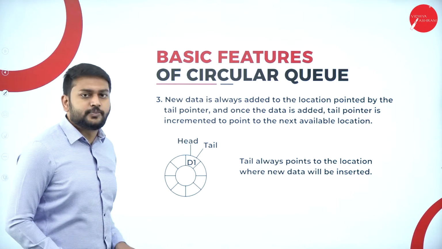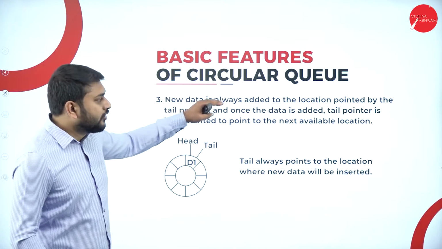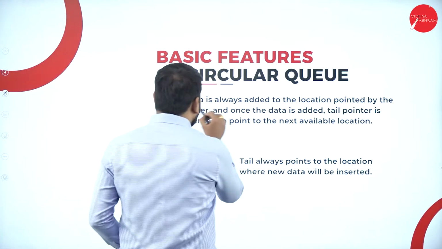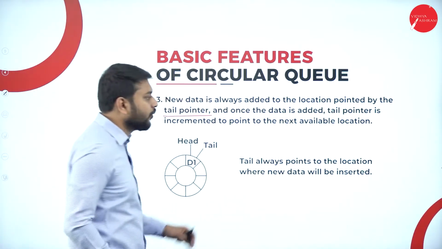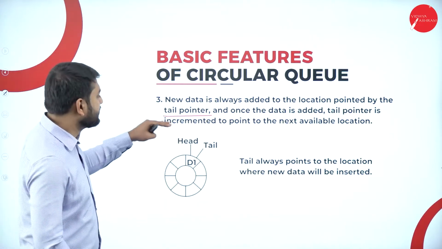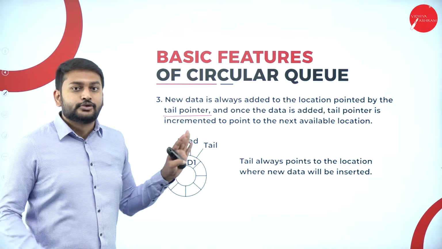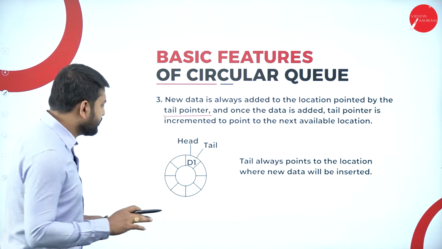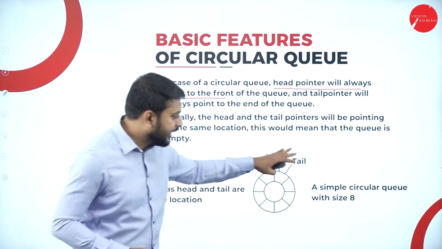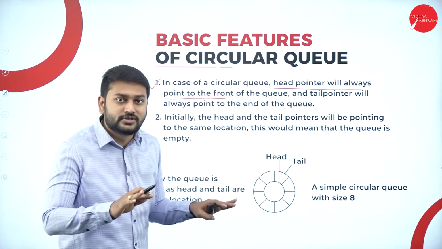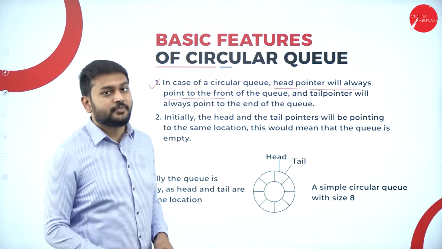Moving forward to the next point. New data is always added to the location pointed by the tail pointer. And once the data is added, the tail pointer is incremented to the next available location. Very beautiful thing. Observe, this is what I have. Now my queue is empty, so where should I insert my data?